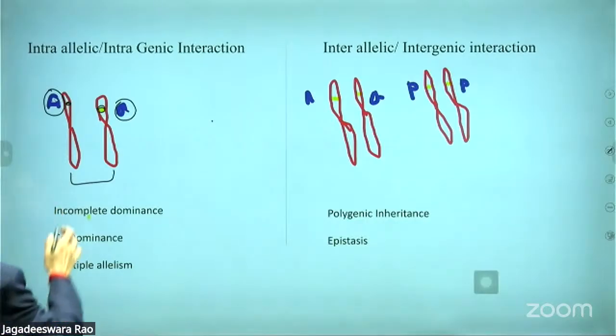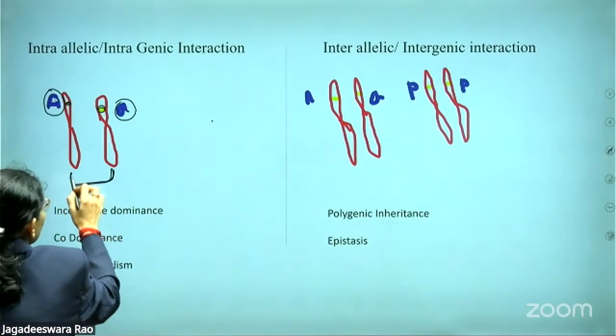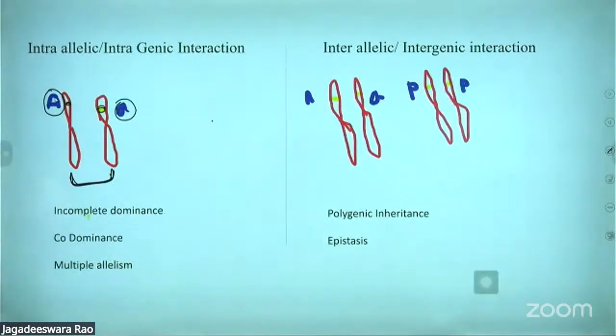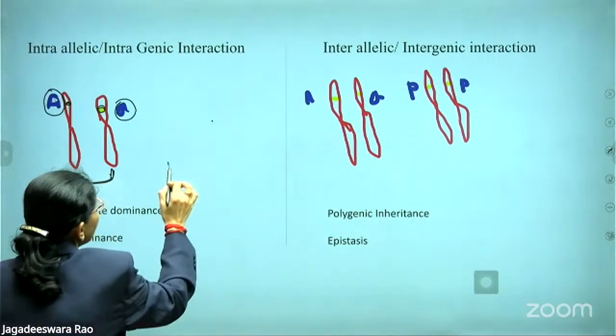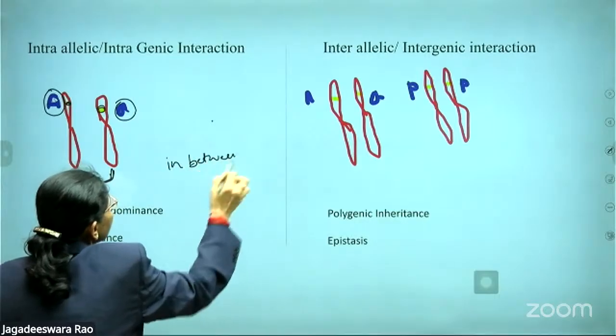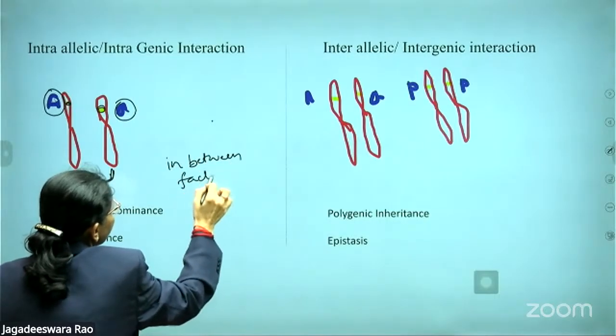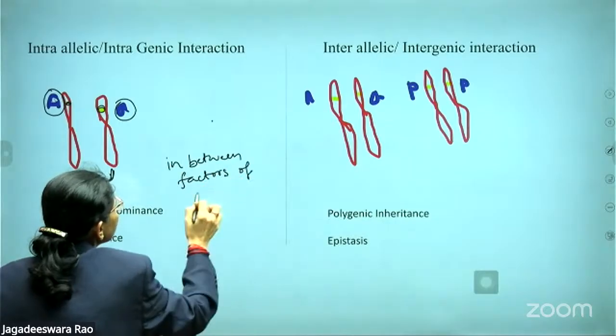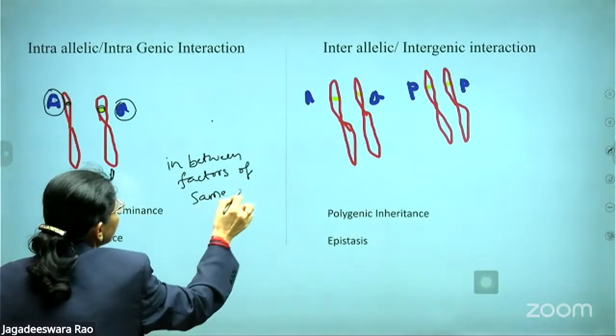They are between the two homologous chromosomes, so we call them intra-allelic, in between the factors of the same gene.